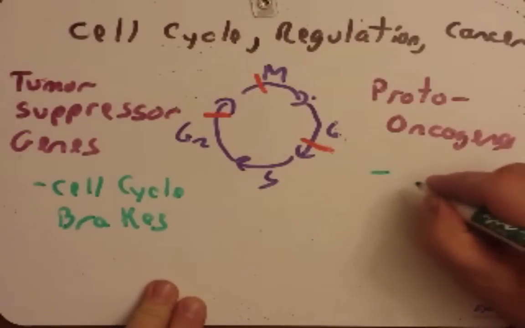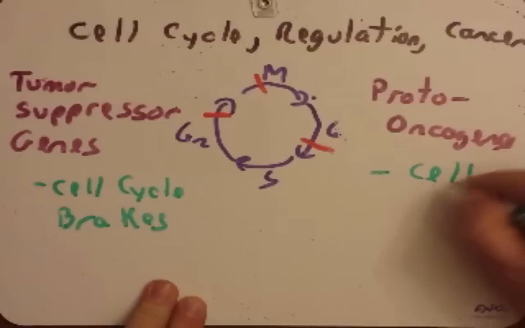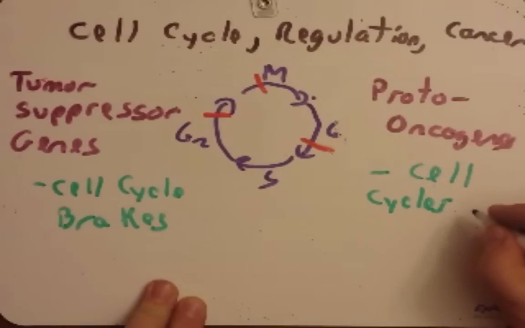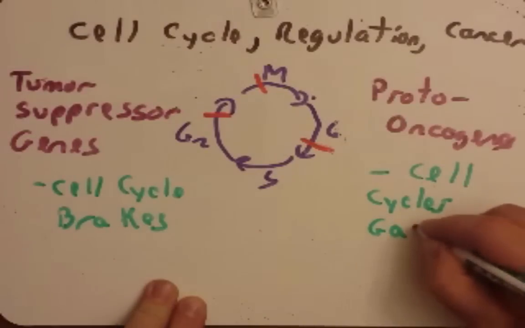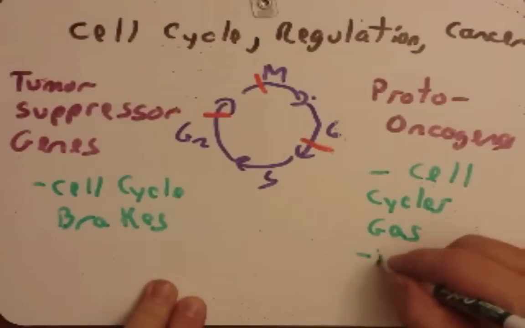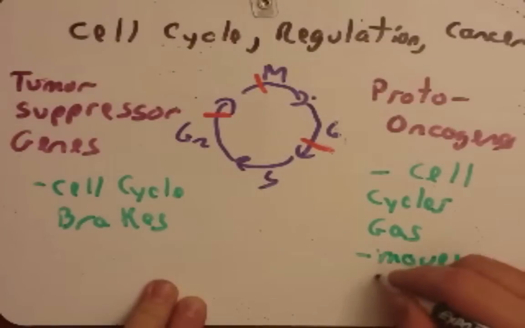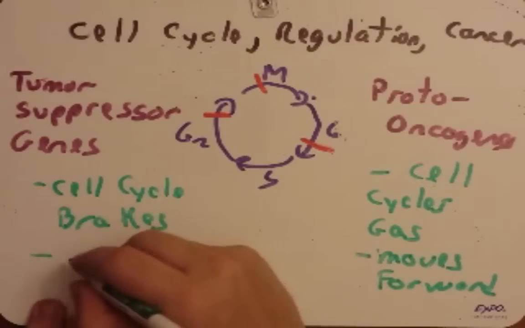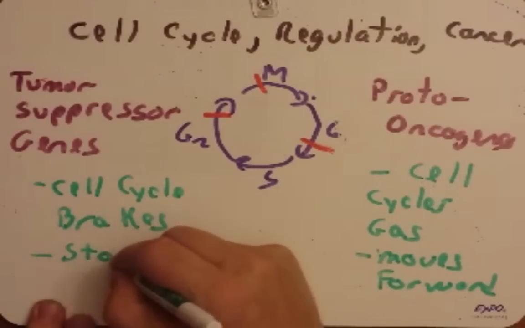Proto-oncogenes are the cell cycle's gas, so to speak. It's what moves it forward. So we can say it moves forward, the cell cycle that is, and as the tumor suppressor genes, they stop it.